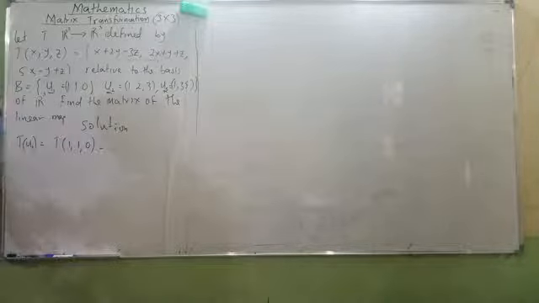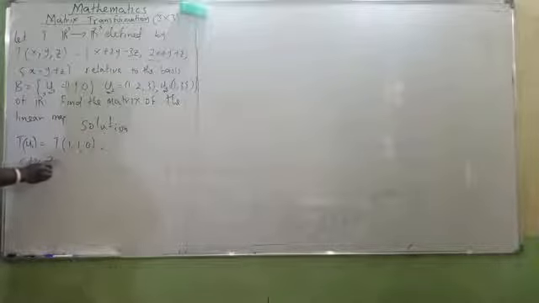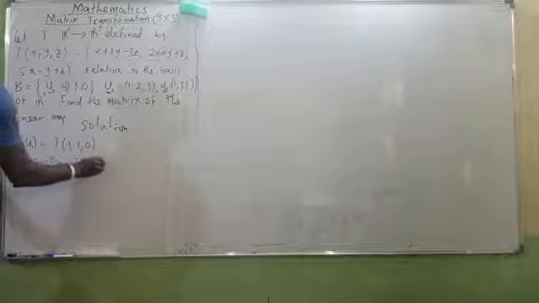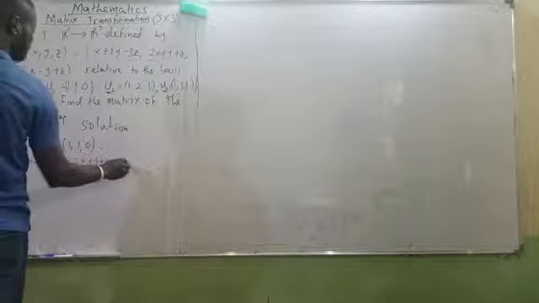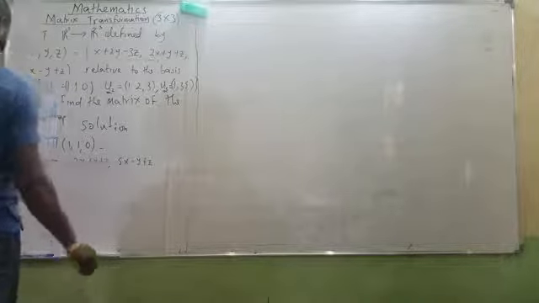By so doing, I come to this particular part, and it will give me x plus 2y minus 3z, comma, 2x plus y plus z, comma, and 5x minus y plus z. Are you getting what I'm saying now?